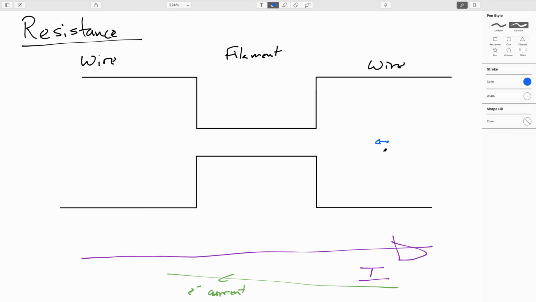We will label this VD for the drift velocity. And it'll be quite slow in this region here. Now, as it's drifting along, very occasionally it is going to collide with an atom and basically come to almost a stop. So we do need some sort of a force to keep it moving.